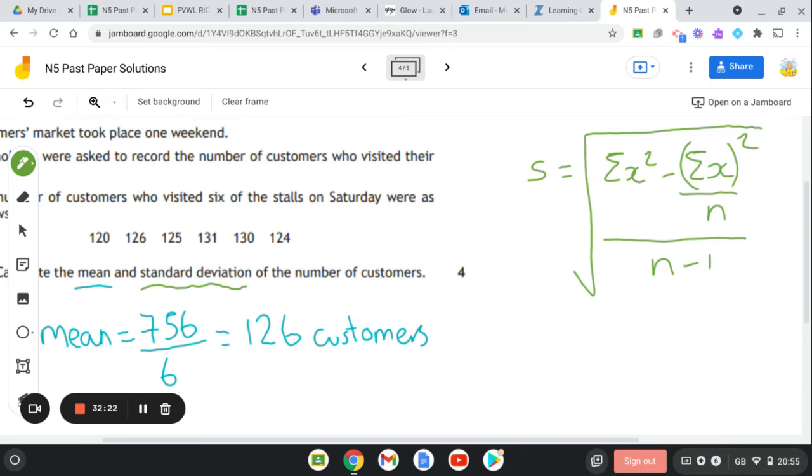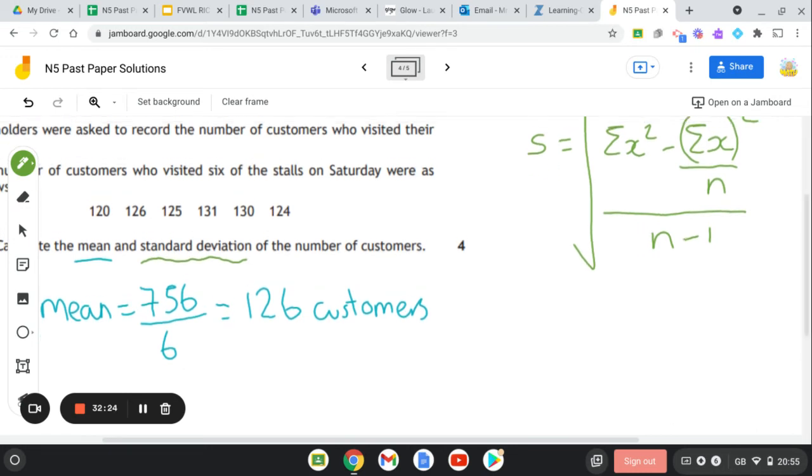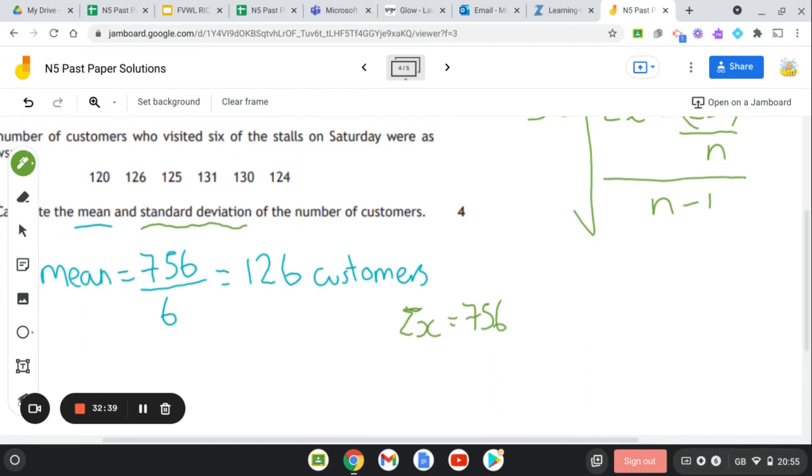But you obviously need to know what the notation is about, so we need to know what they mean by the sum of x. Well, the sum of x is just the sum of all your numbers, which we know to be 756. Which is different from the sum of x squared.